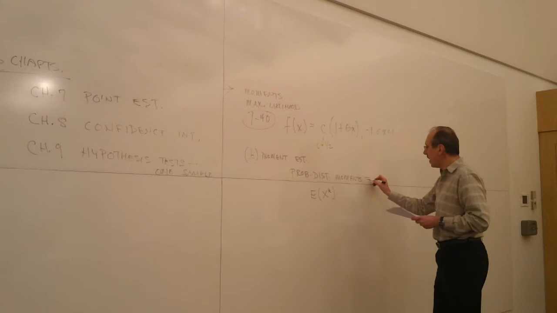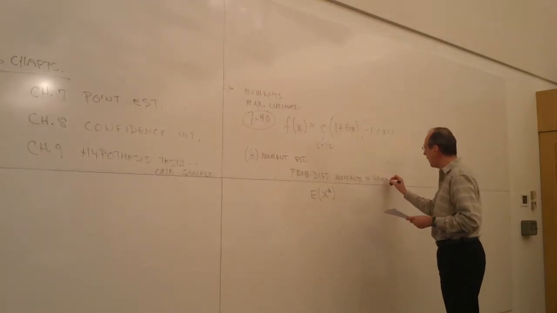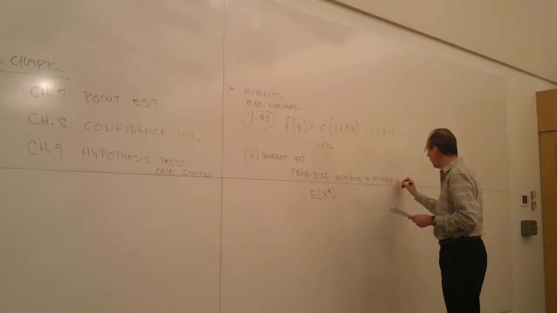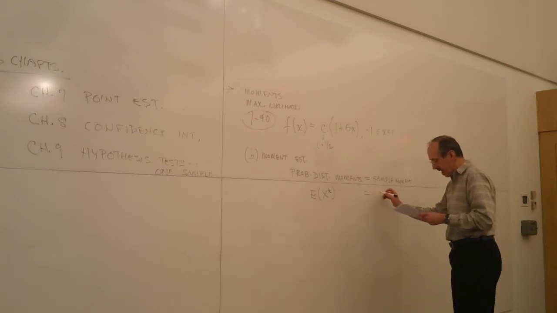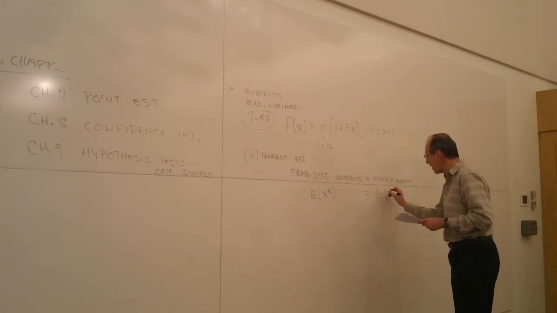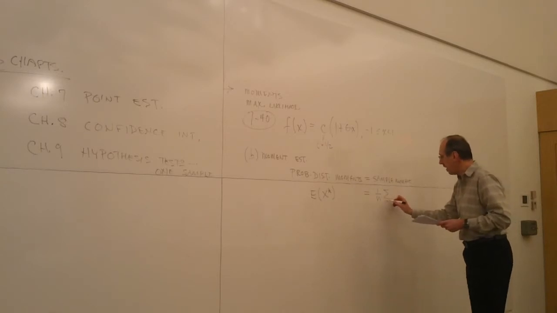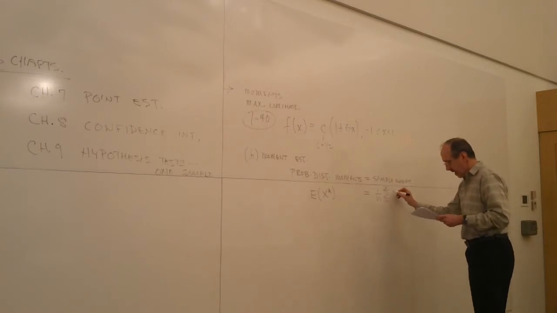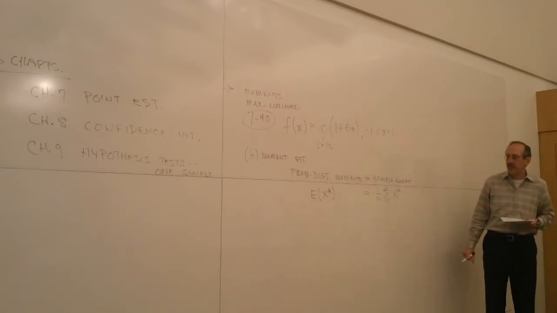And we set that equal to a property of our sample. In this case, it's the sample moment. And the sample moment in this case is just like taking the expected value. You sum up the values from i equals 1 to n of x sub i to the k with a 1 over n out in front to normalize it.